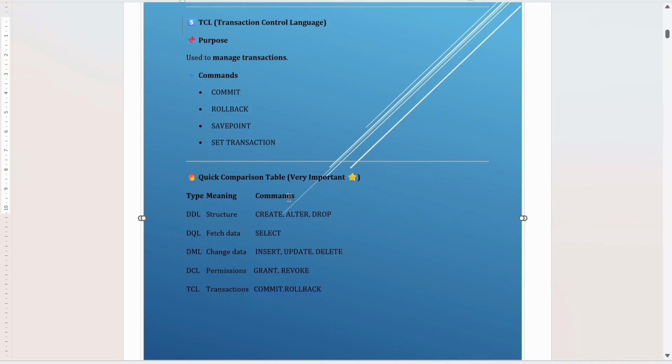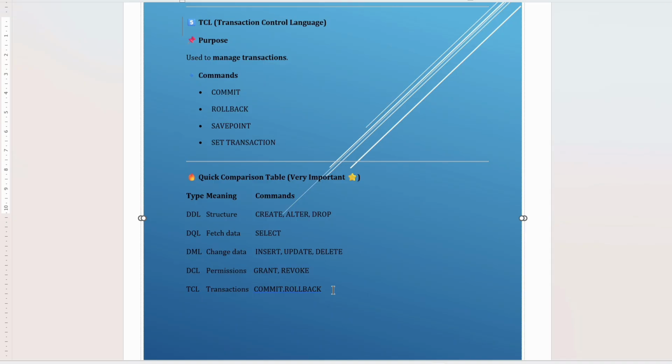The commands are: for DDL create, alter, drop; DQL has select; DML has insert, update, delete; DCL has grant and revoke; and TCL has the important commands commit and rollback. So this is all about the SQL commands we have.